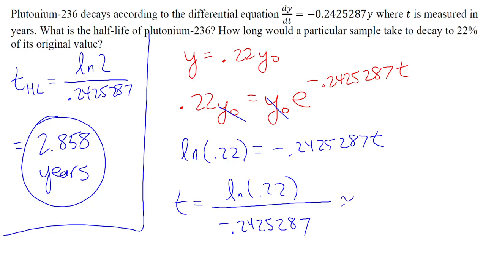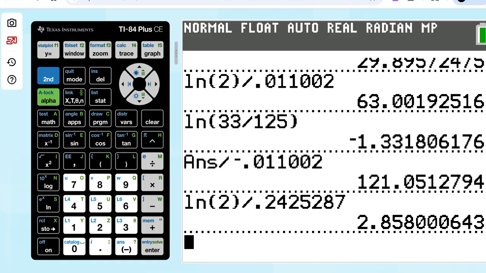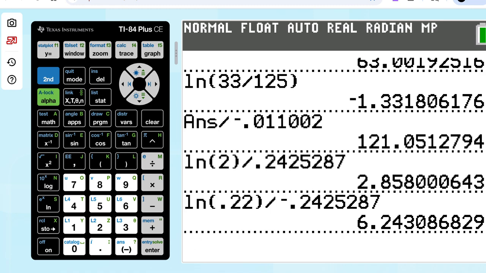And of course, we can put that into our calculator and see what we get. The natural log of 0.22, and we'll divide it by negative 0.2425287, and we end up with 6.243 years if we round to the nearest thousandth.